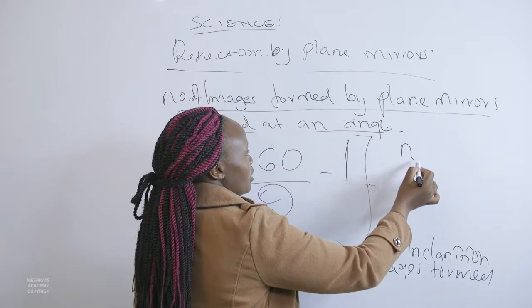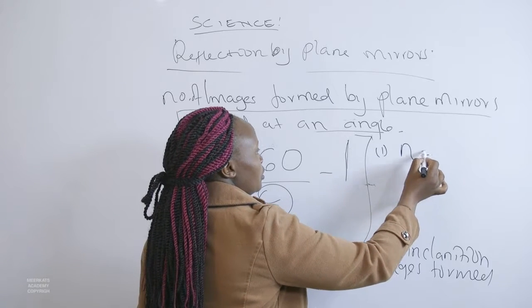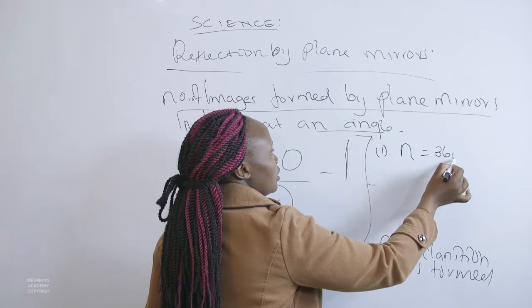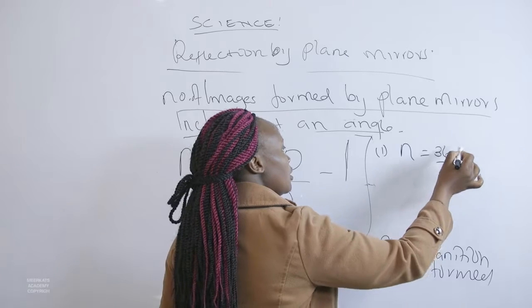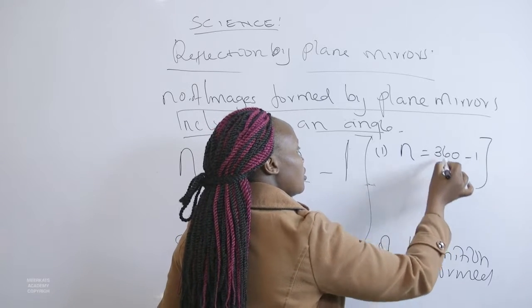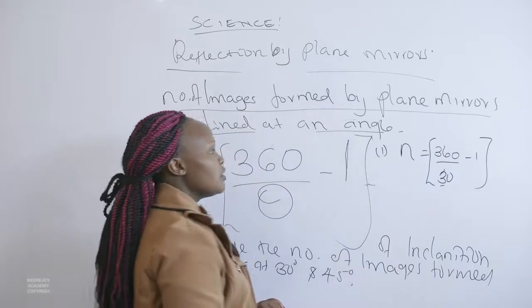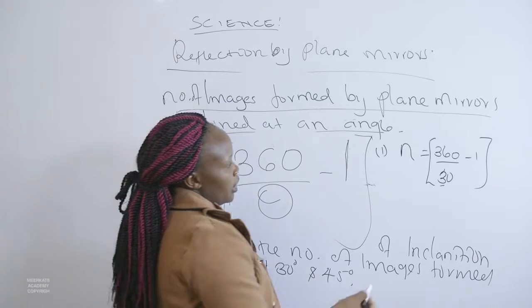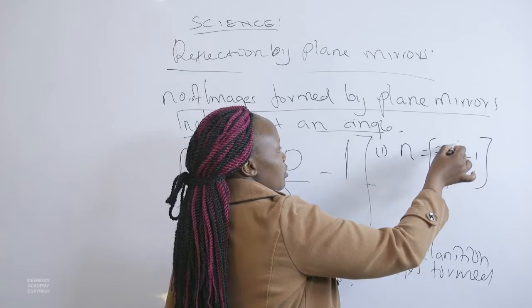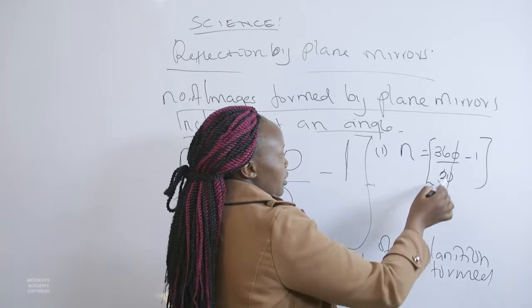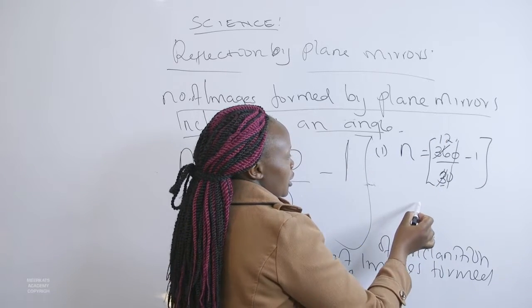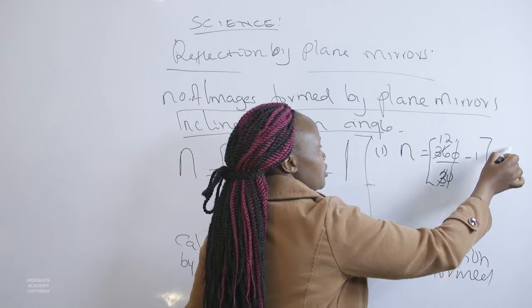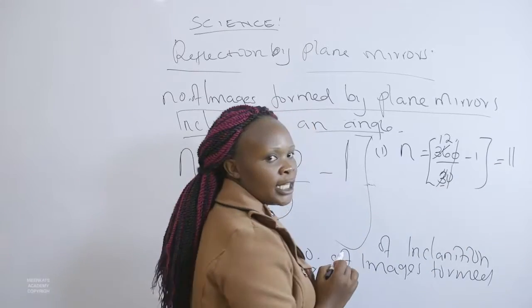The first one, n will be 360 divided by 30 minus 1. What will that give us? We can cancel by 3, 12, and then the number of images becomes 11.